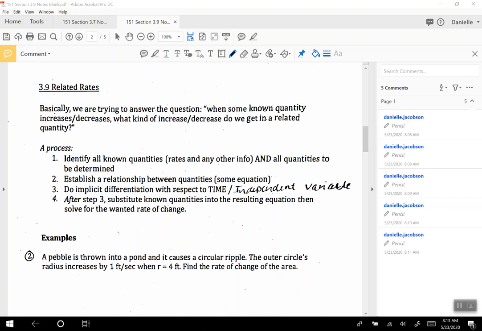Next, you do implicit differentiation with respect to whatever the independent variable happens to be. Oftentimes it is time, but it's not necessarily true for every problem. Then after you differentiate, you substitute all of your known quantities in and finish solving the problem.